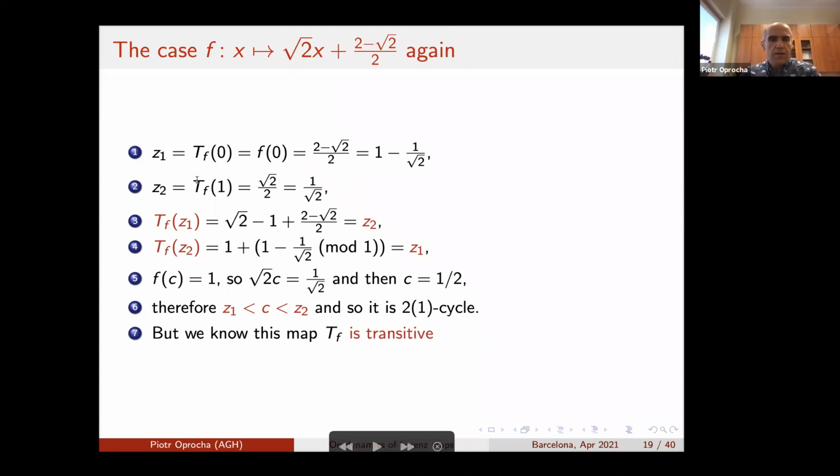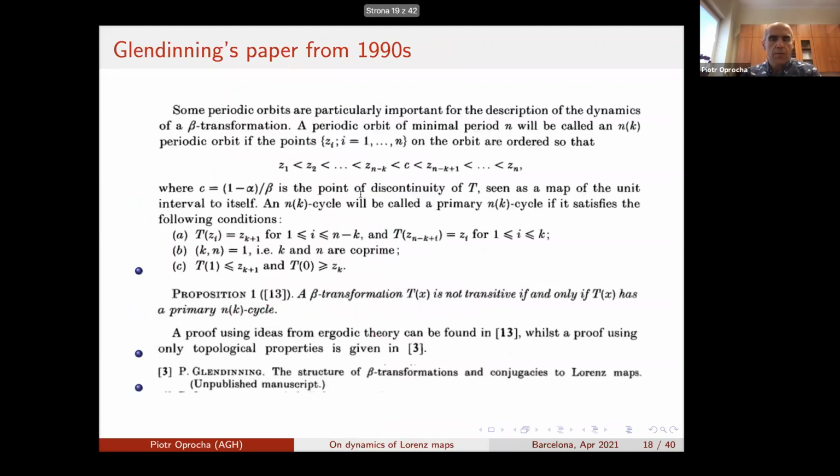But if you look at it and just compute, then you can find 2 points which are on different sides of C, which go in a cycle. And the images of 0 and 1 exactly hit these points. Okay, so let me just come back.